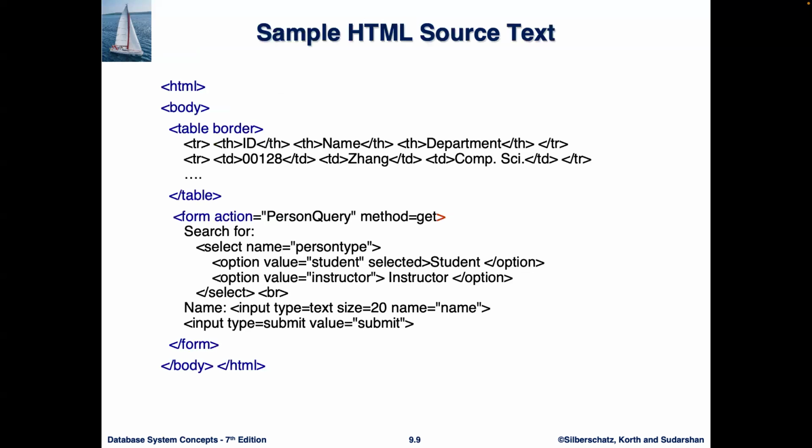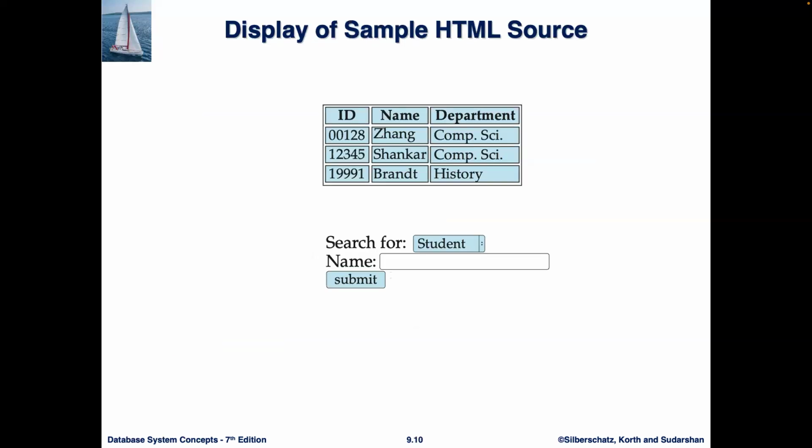Let's look at a basic example of how a web page can display data from a database using HTML. This HTML code shows how a web page can present data like an ID, a name, and a department in a table format. In the real world, imagine a university system displaying a list of students and their departments. The table structure in HTML allows us to display this information clearly in the browser.